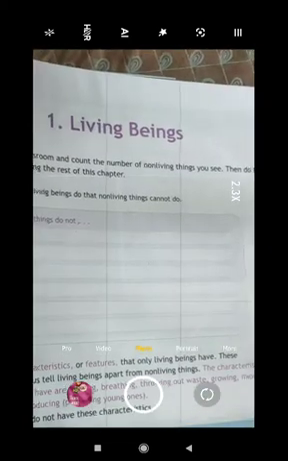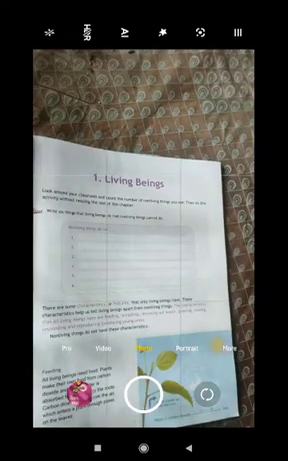Now let us see what the book is saying about non-living things. First of all, you have been given a task: look around your classroom and count the number of non-living things you see. Normally, what do you see?